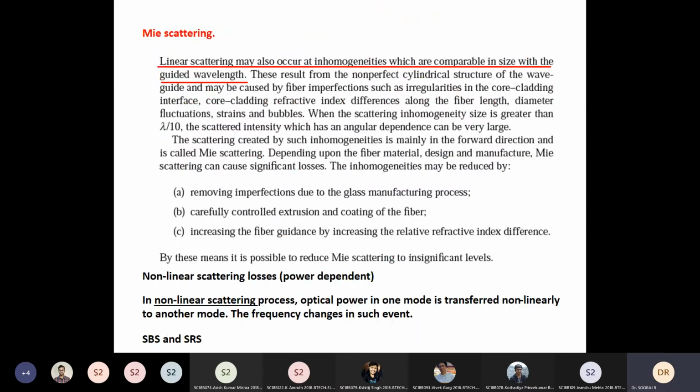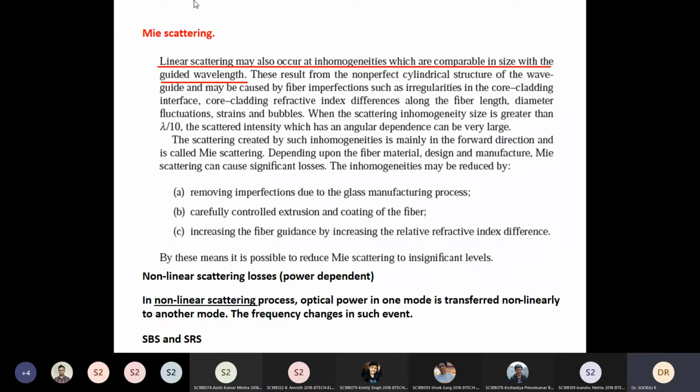The other scattering loss is called Mie scattering, M-I-E. Mie scattering happens when you have an optical fiber with a photon flowing through it and there are some inhomogeneities, however the size of those inhomogeneities is of the order of the wavelength of the light.